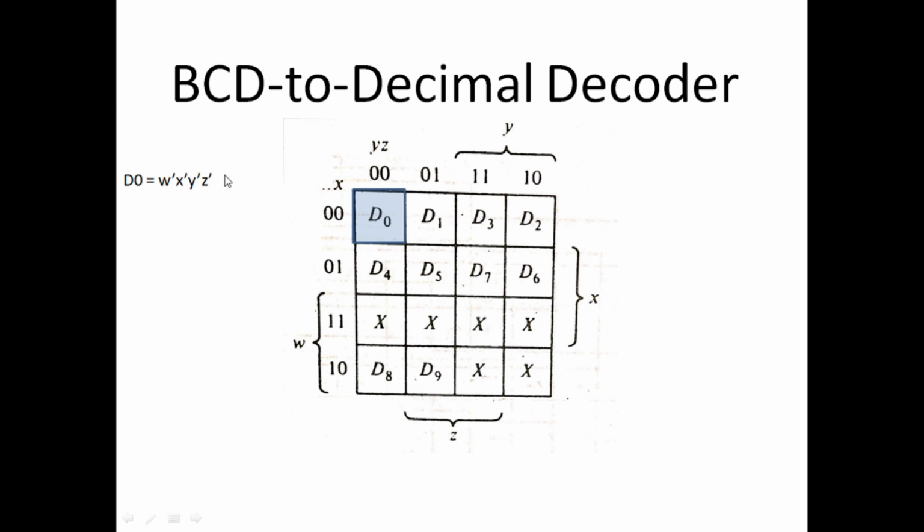Similarly, when we want to create the Boolean equation for D1, then the square which has D1 is considered to be 1 and all of the other squares with D's are considered to be 0.